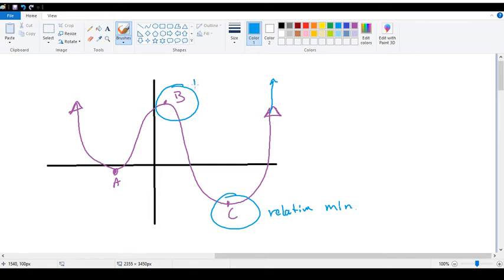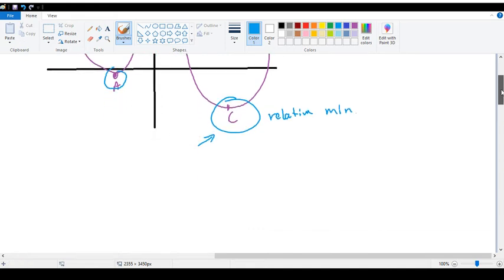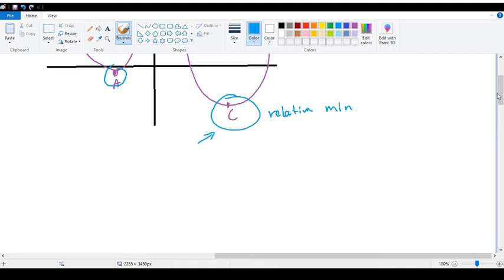So we call this the relative maximum. All right? While this is a low point, it's not the lowest point. The lowest point is C. All right?